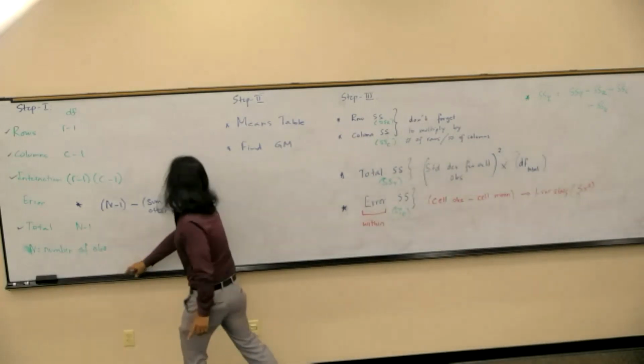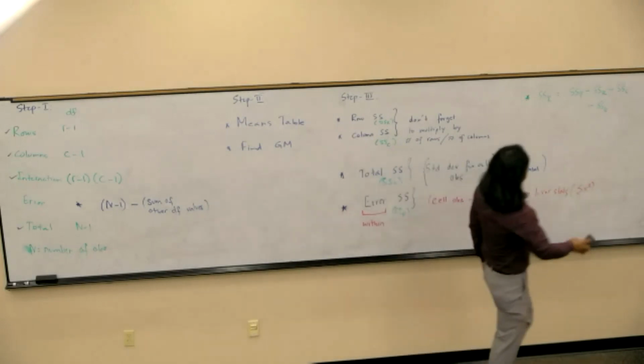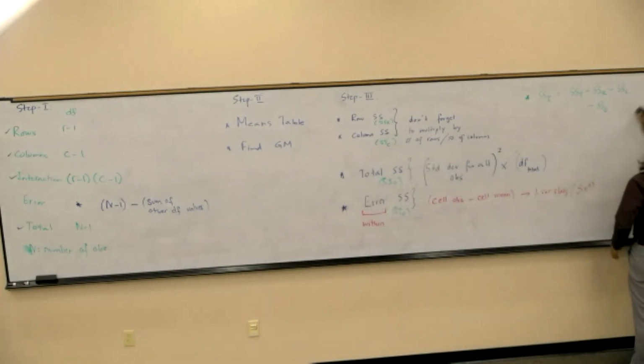So very last step, step 4, you get p-values using FCDF in your calculator.